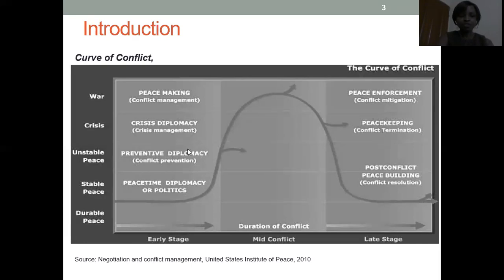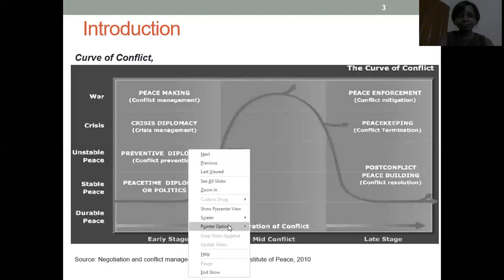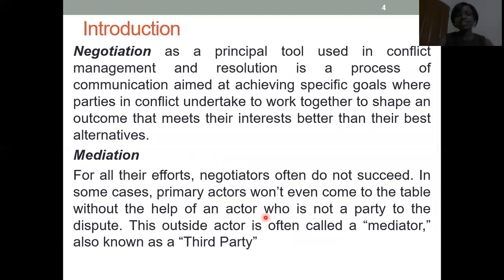Another term that you're going to look at is negotiation. Negotiation is a principal tool that we use in conflict resolution. It's defined as the process of communication aimed at achieving specific goals, whereby these two parties will come together and set goals that meet their interests, that are better than their best alternative.